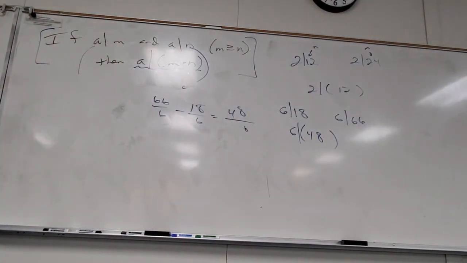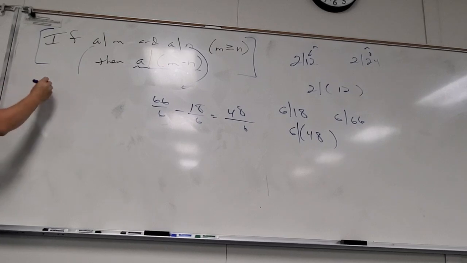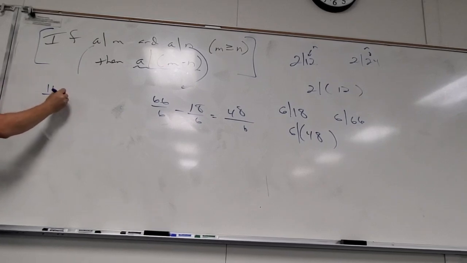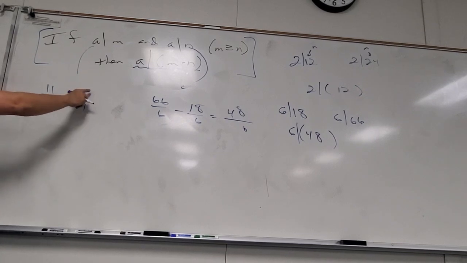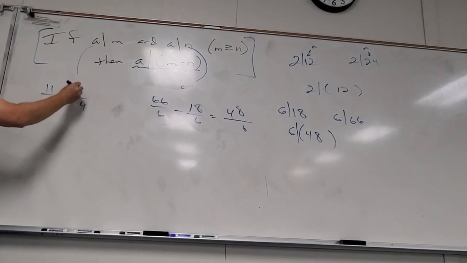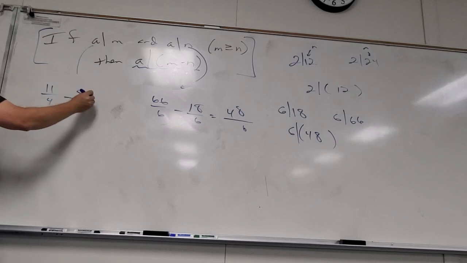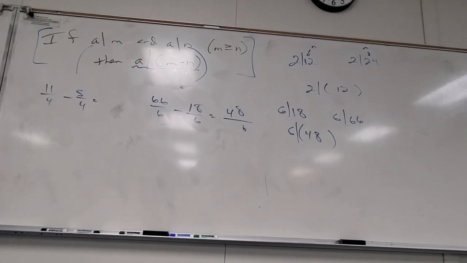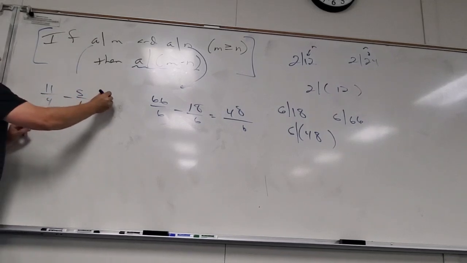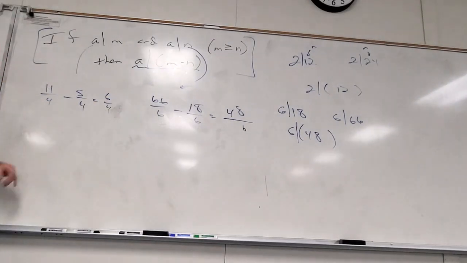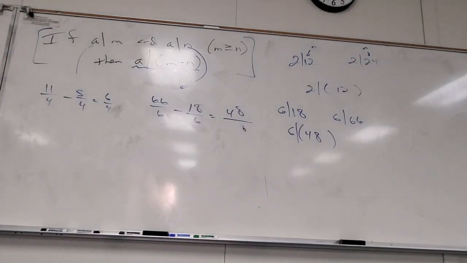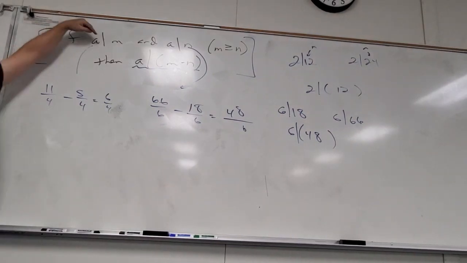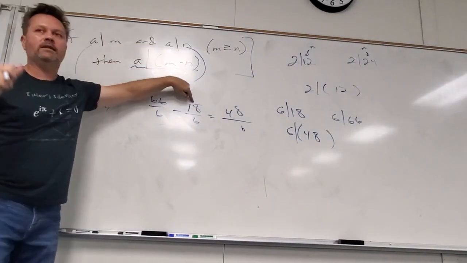Now, in general, I really want this to make sense. If I have two fractions and I subtract them and they have like denominators, do you see how the two numbers that were given to me go in evenly? So the whole point of this is these two go in evenly.